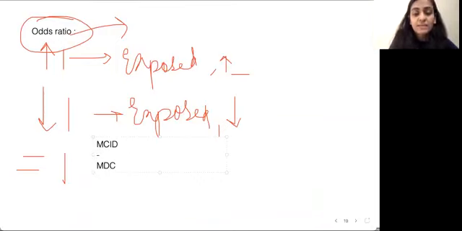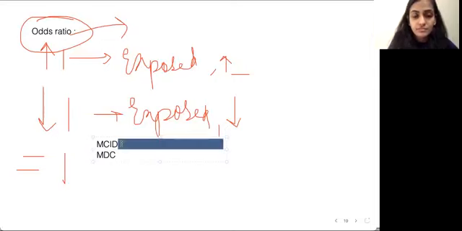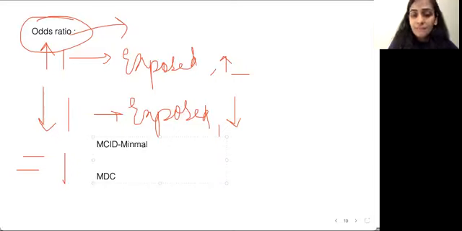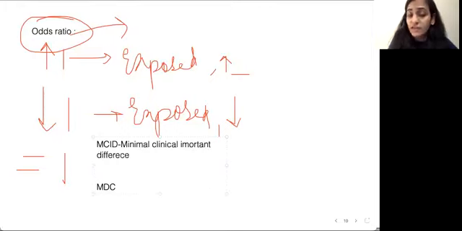MCID is minimal clinically important difference. Okay, this is very important. You should know what an MCID is. MCID is a minimal clinical important difference.